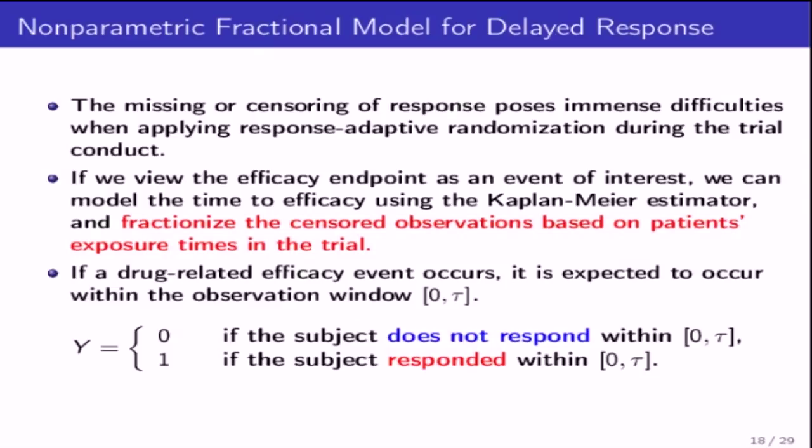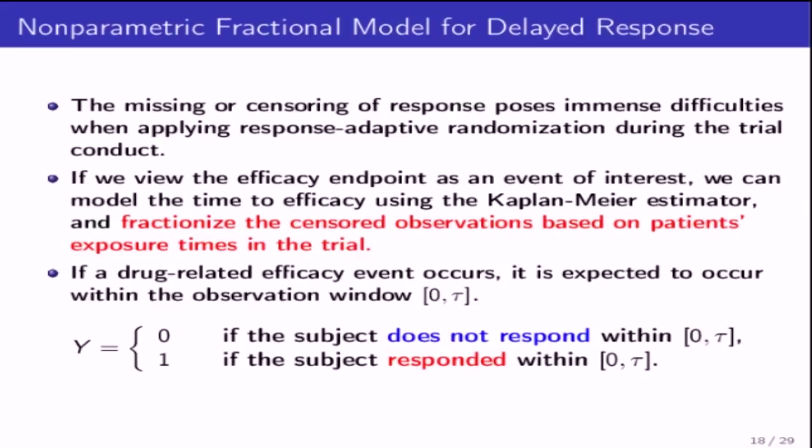Now let me talk about how to solve the problem of delayed response. As I showed you earlier, delayed response is basically related to missing or censored outcomes. That poses immense difficulties when we apply AR in real-time trial conduct. But if you view the efficacy endpoint as an event of interest, we can model the time to efficacy using the Kaplan-Meier estimator.